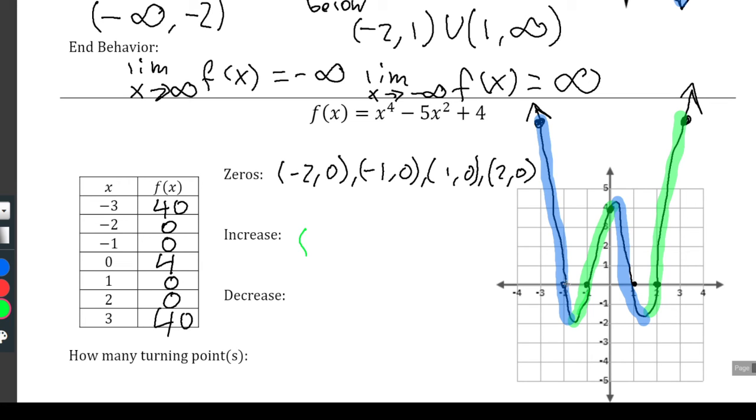So it's increasing somewhere between -2 and -1. So we'll just call it -1.5. And it's increasing all the way up to when x equals 0. And we combine it. Similarly on this side, it changes to increasing somewhere between 1 and 2. We'll call it 1.5 again. And it increases like this until infinity.